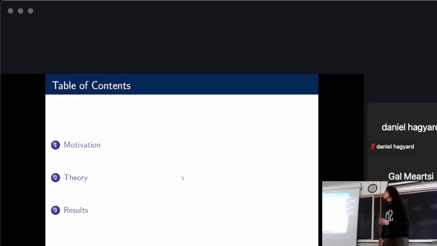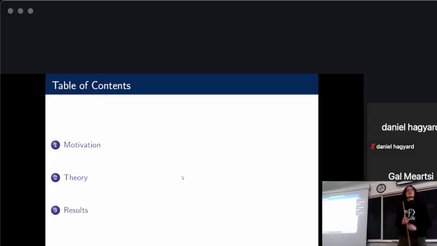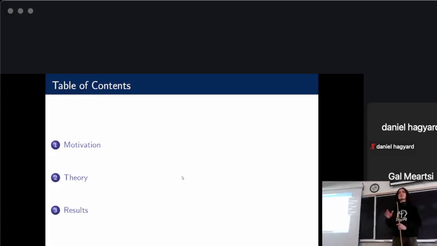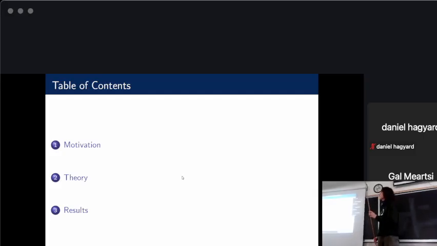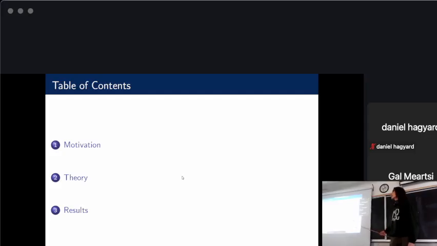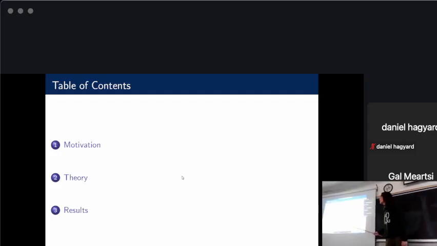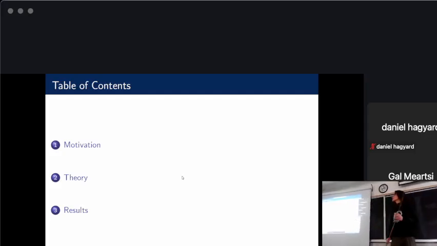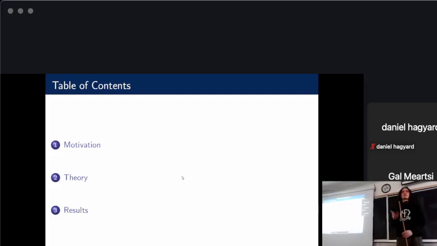So I will try to motivate this from as basic fundamental principles as possible. And then I will discuss the theory behind this research in a little bit more detail once I've motivated it. And once that foundation is laid, I will discuss the results.